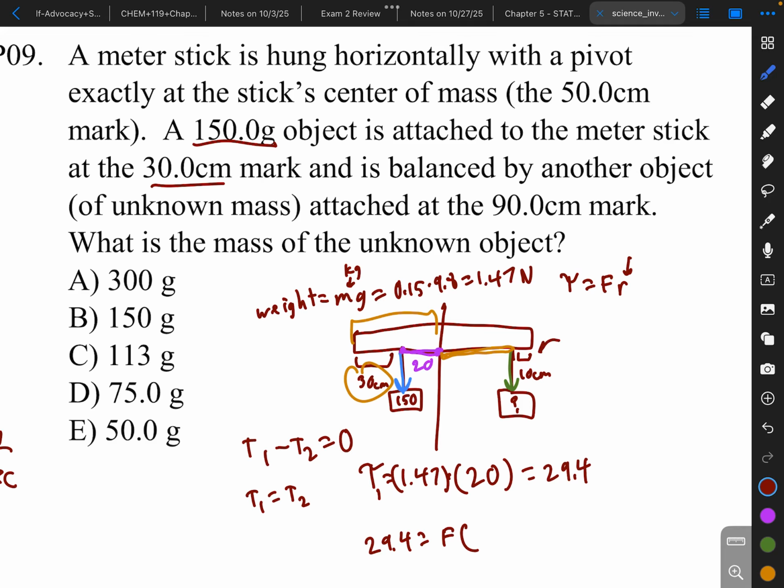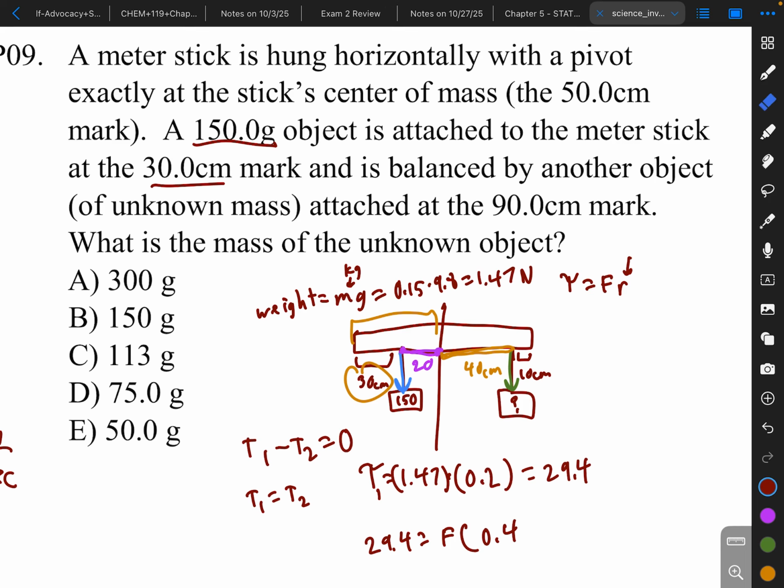Well, if this is 10 centimeters, that means the orange line has to be 40 centimeters. And centimeters to meters, you want to always convert that to 0.4. Actually, now I realize I made a mistake here, I forgot to convert this to meters.